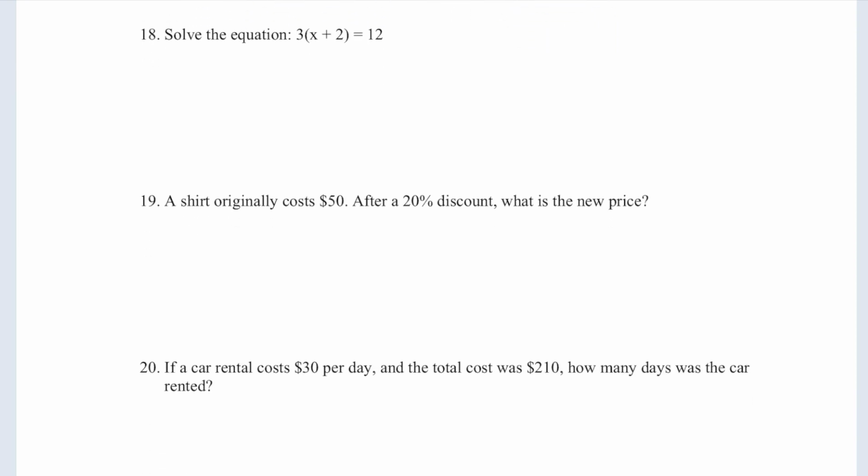All right, so solve the equation 3 times parentheses x plus 2 equals 12. So we have 3(x plus 2) equals 12. So what we have to do is multiply 3 by x, but then also by 2. So this is going to go to 3x plus 6 equals 12.